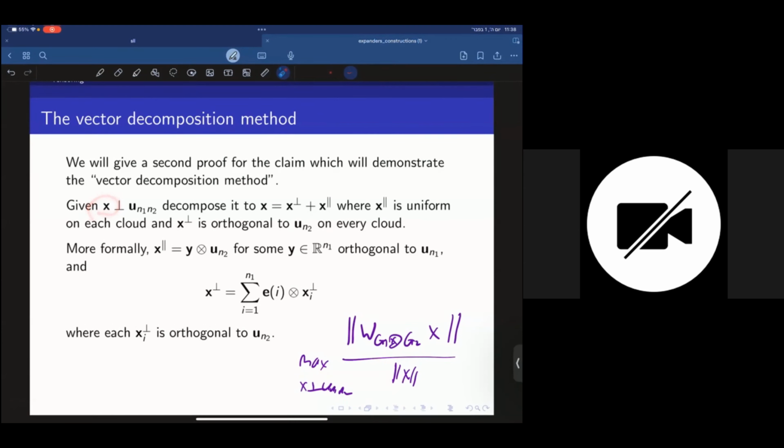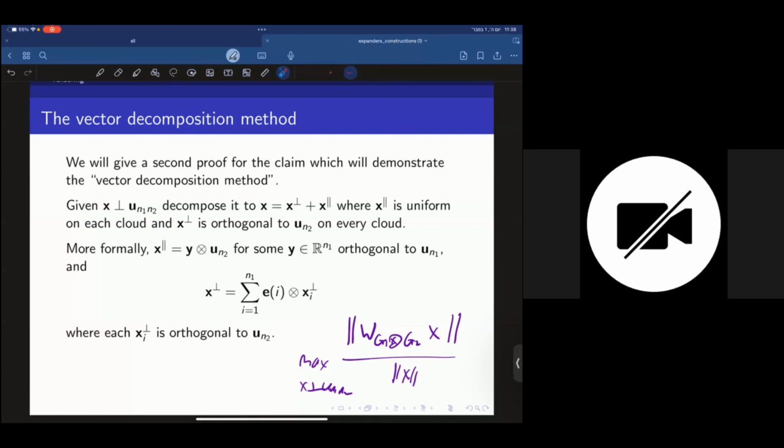By the way, we usually think of this as kind of an error vector. This is kind of the uniform distribution, the best thing that can happen. And any other distribution can be decomposed into the uniform part and the thing that's orthogonal to that. So I think of everything orthogonal to the uniform distribution as bad.